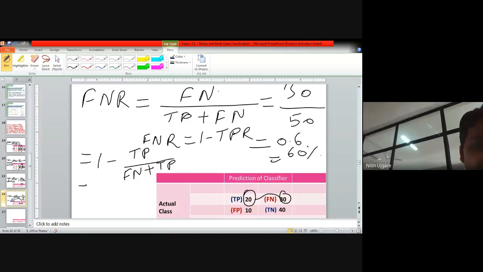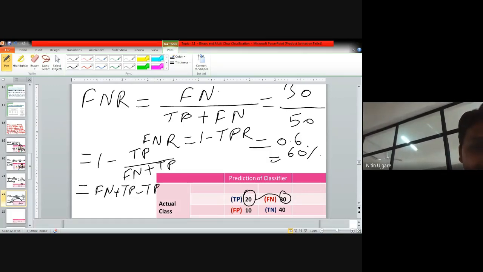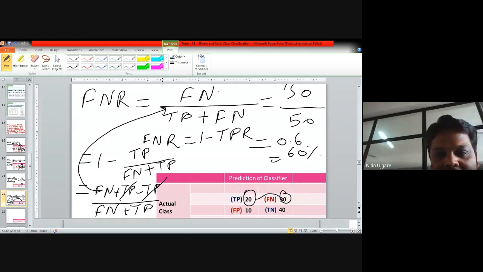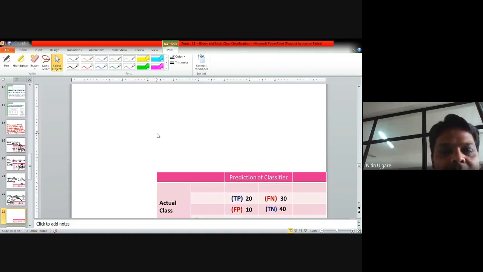If you simplify 1 minus this, you get FN plus TP minus TP, divided by FN plus TP. The TP cancels, and what remains is the formula for the FNR, the false negative rate. Then we'll go to the next concept, called the false positive rate.